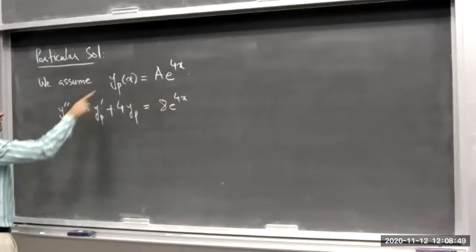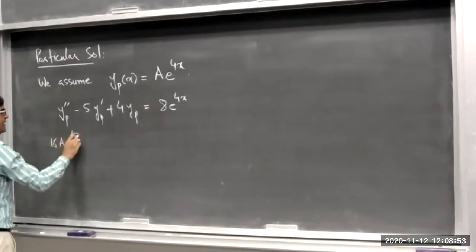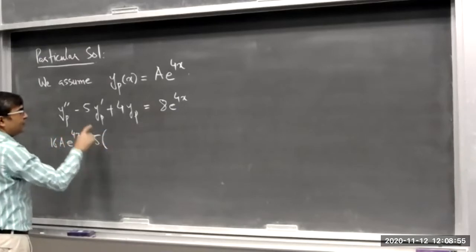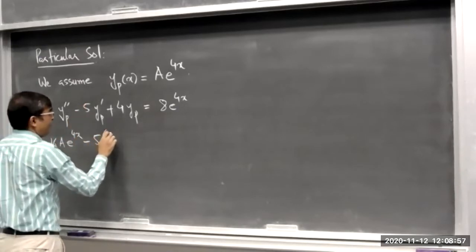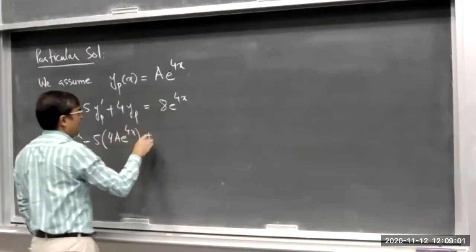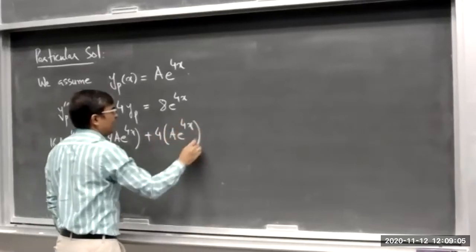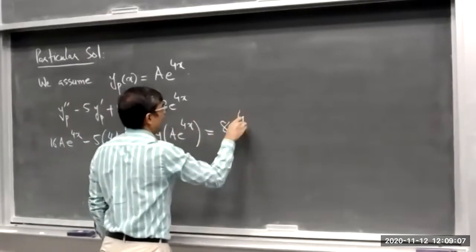Its double derivative is 16a e raised power 4x, minus 5 times the first derivative, which is 4a e raised power 4x, plus 4 times a e raised power 4x is equal to 8 e raised power 4x.